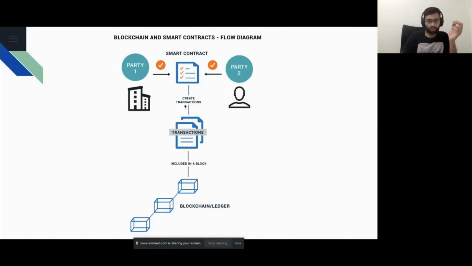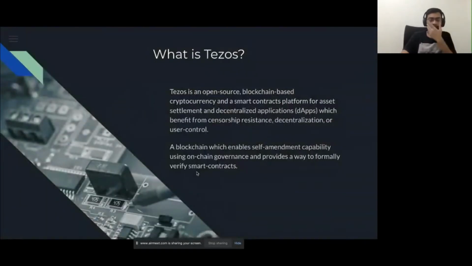So this is what a smart contract is. Different parties can talk to it, and it creates transactions that are included in a block, and that is the blockchain. That's the diagrammatic representation. Now we come to what is Tezos, right? Tezos is one of the most popular blockchains that exists currently.